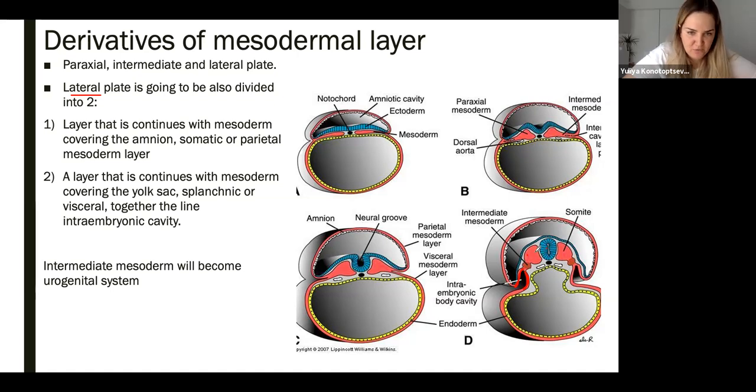Do you see there's a part of the paraxial mesoderm here and part of it is here? Agree with me that the neural tube should be in the vertebral column, so the majority of it is in the vertebral column. So paraxial mesoderm should give rise to the vertebral column and skull. Majority of the paraxial mesoderm becomes vertebral column.